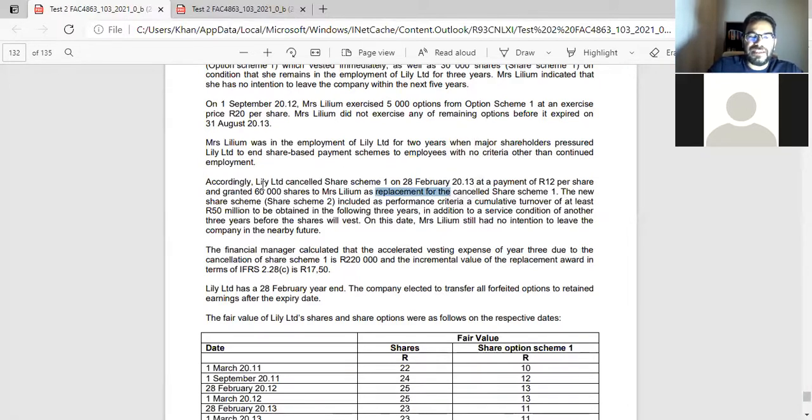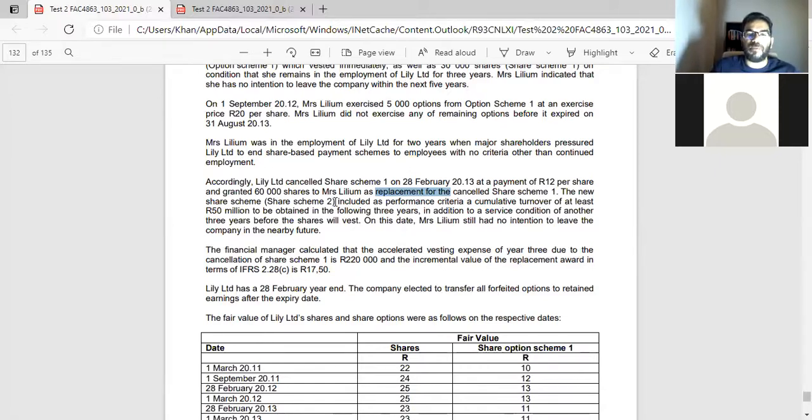The new share scheme includes a performance criteria, included as performance criteria a cumulative turnover of at least 50 million Rand to be obtained in the following 3 years. So there you can see it's a performance condition.